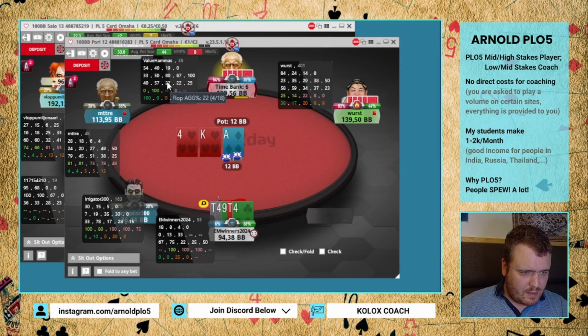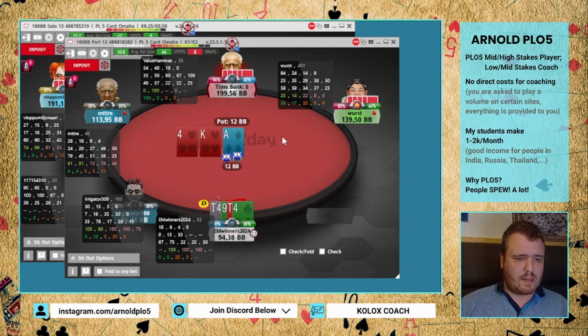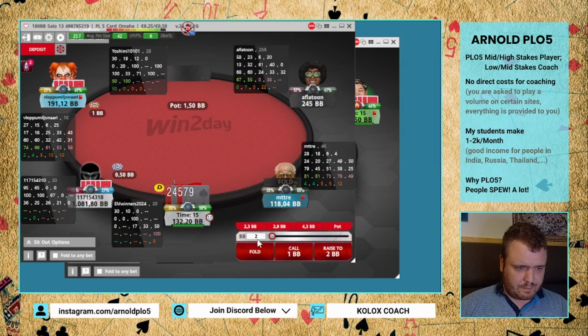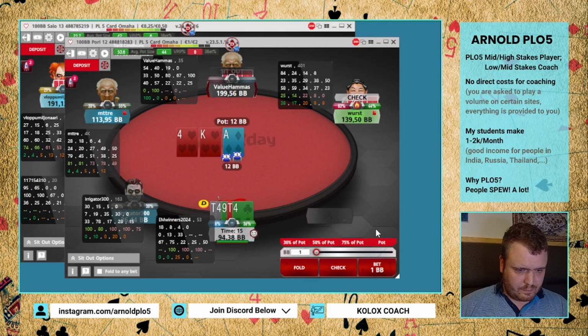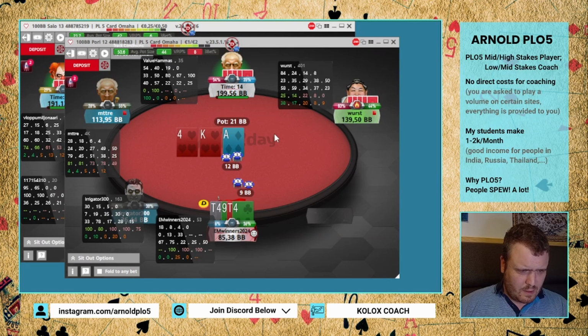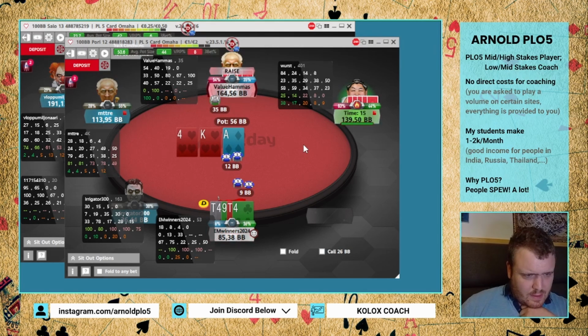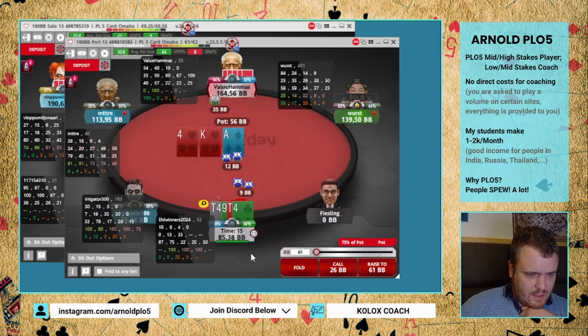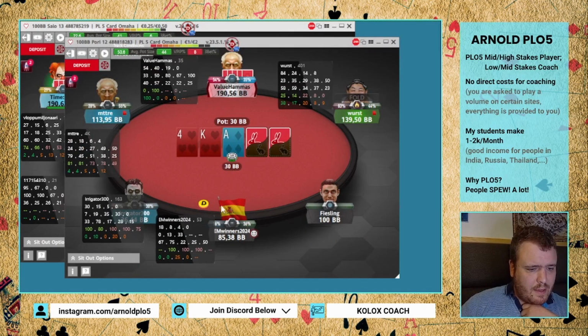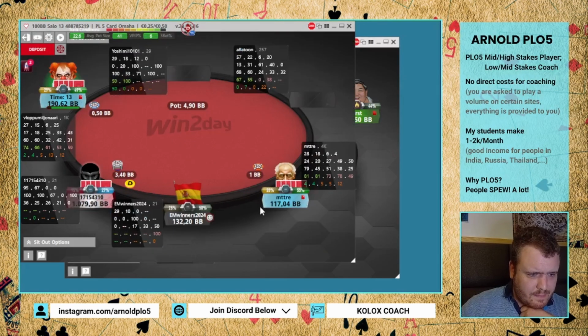But because he has such a low flop aggressivity, I want to go for the bet fold. I wanted to go for the bet fold. That's what I said. Yeah. Minimum I lost here against aces.